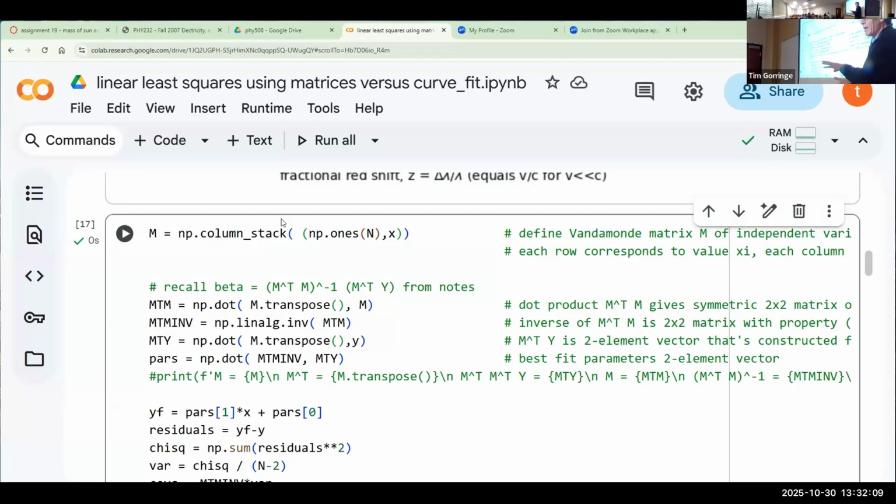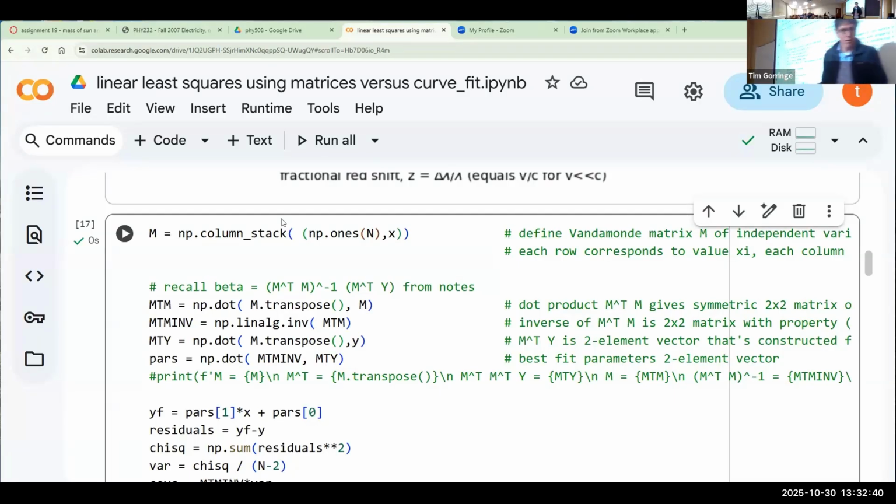And so that's implementing this formula we derived using matrix algebra and matrix calculus that will now contain the best values of the slope and the intercept as determined by the parameters of our data, the dependent and independent variables. So now I've got the best parameters.